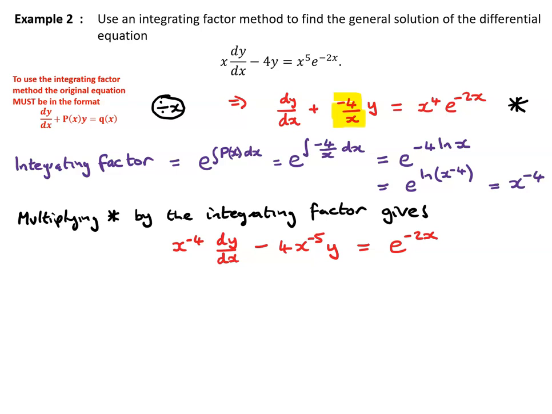The left-hand side of the differential equation is an exact derivative of x to the minus 4 times y. So we've got d/dx of x to the minus 4 times y equals e to the minus 2x.